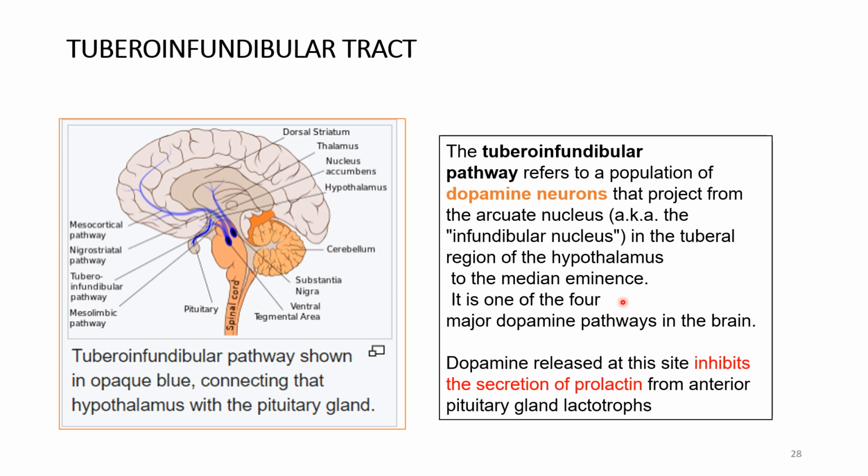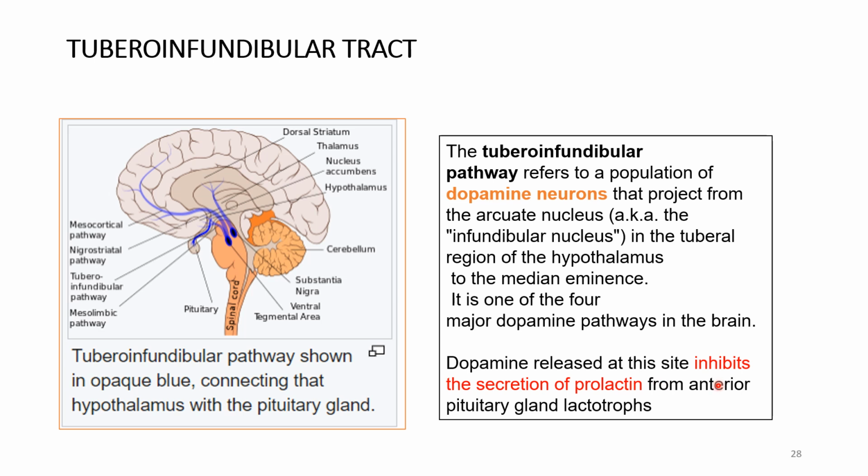In the medial zone of the tuberal region, we have the arcuate nucleus. The cell bodies are present in that nucleus, and the tract comes from those cell bodies up to the median eminence. It will release dopamine. It is one of the four major dopamine pathways in the brain.